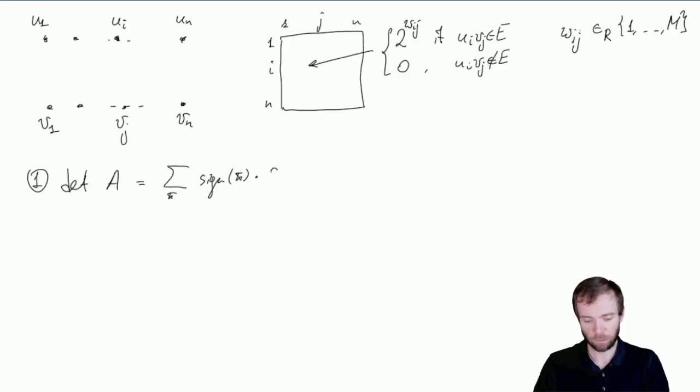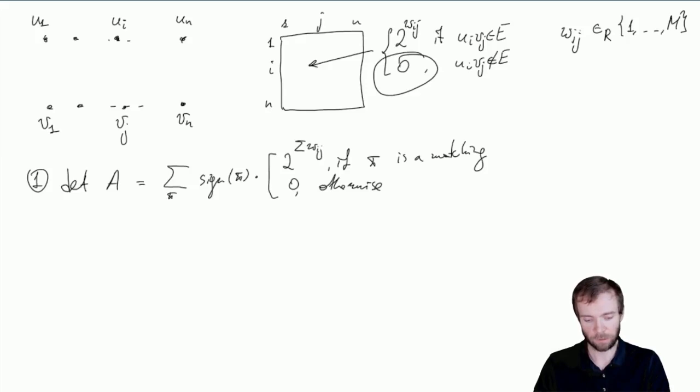And this would be equal to 2 to the power of the sum of wij's if our permutation P corresponds to a matching, and I will just write P is a matching, and 0 otherwise, because then we'll just have a 0 value creeping into the product.